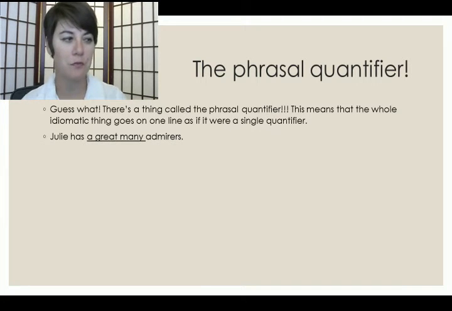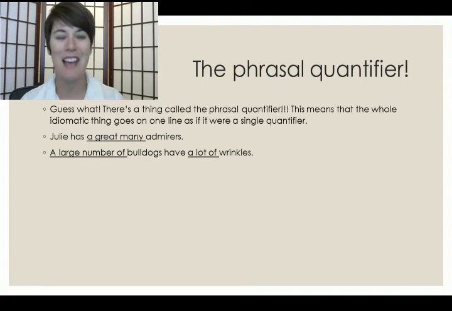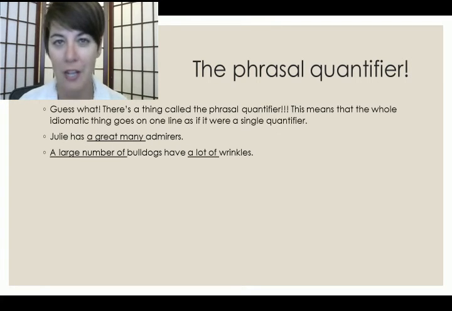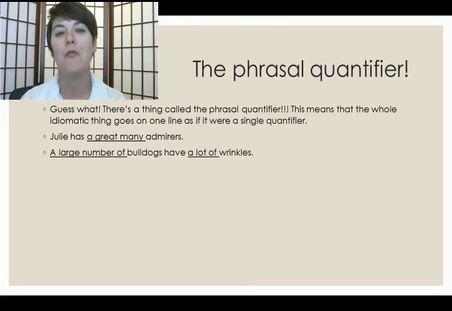For example, Julie has a great many admirers. A great many. The whole thing is a phrasal quantifier. Or, a large number of bulldogs have a lot of wrinkles. A large number of and a lot of are phrasal quantifiers. They're idiomatic phrases functioning as entire quantifiers unto themselves.